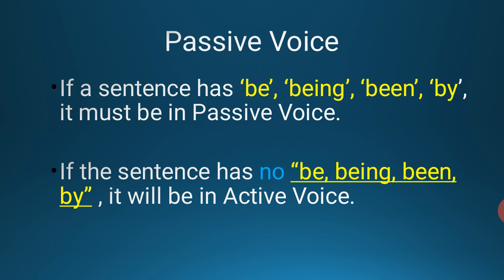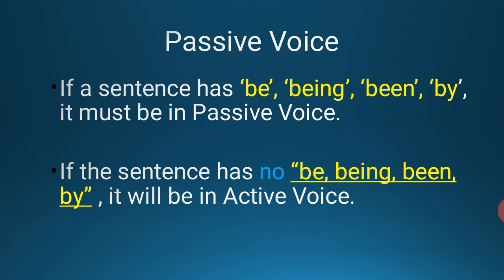And I have given you some passive voice notes. You have to identify easily. How can you easily identify the words? I have given some words for you. If a sentence contains words like be, being, been, by, it will be in passive voice. If a sentence does not have these words, it will be in active voice.